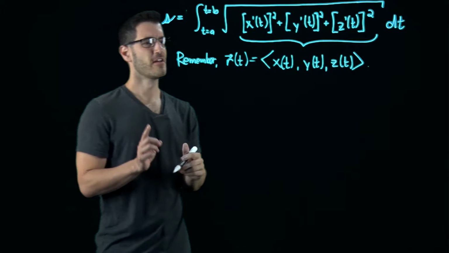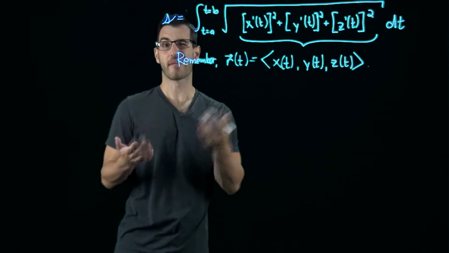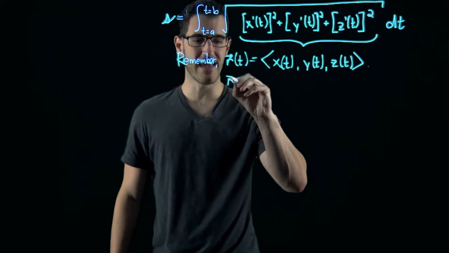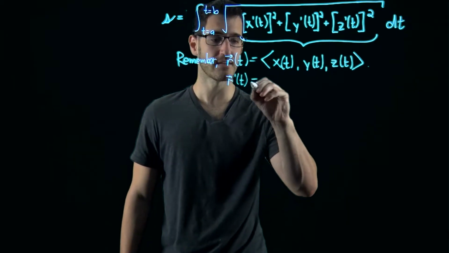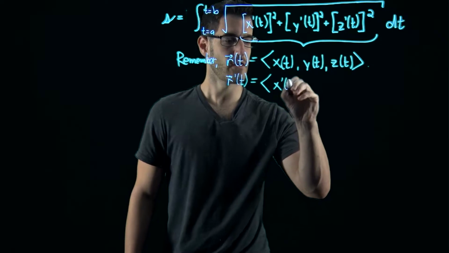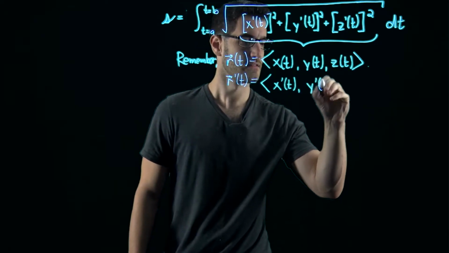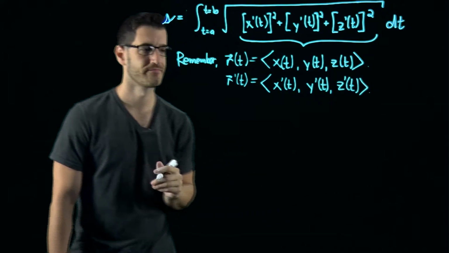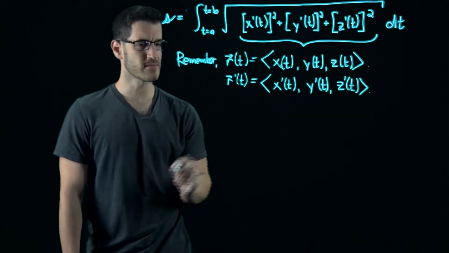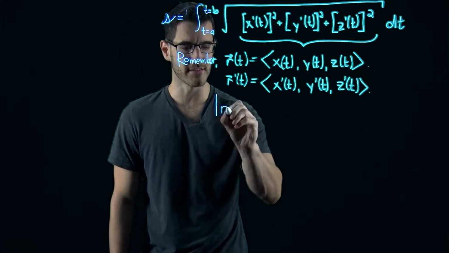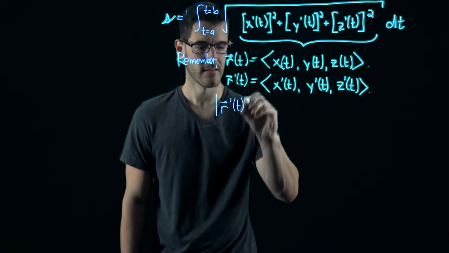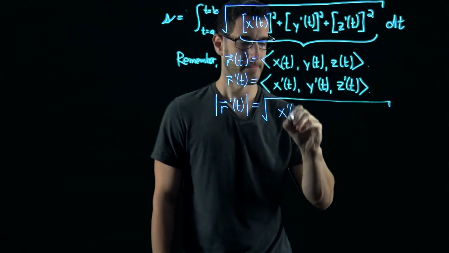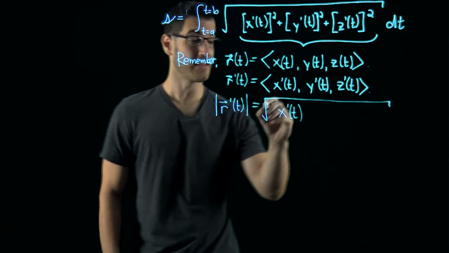Okay, so we have an x prime of t, a y prime of t, and a z prime of t. Well, one thing that we can do is if we take a derivative of r, we note that this r prime of t would just look like that guy, right? And one thing that's nice about that is if we look at the magnitude of this, what happens? How do we find the magnitude of any type of vector?